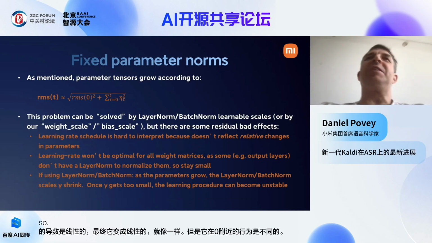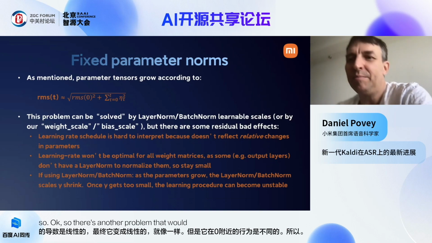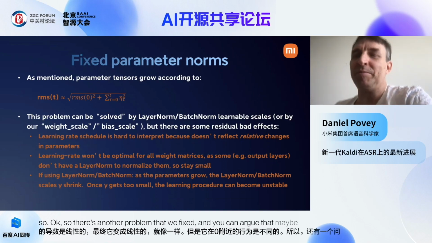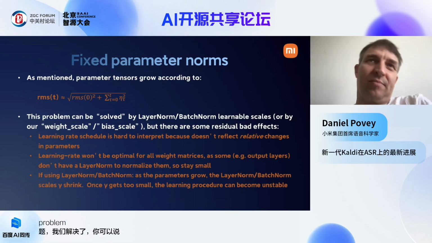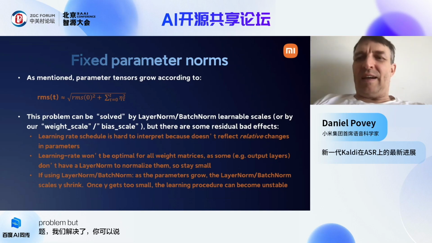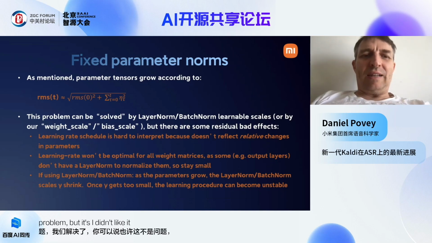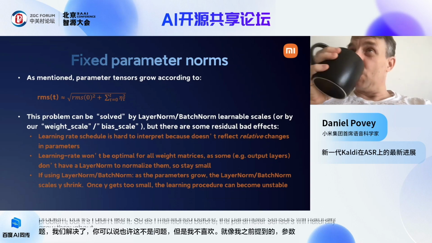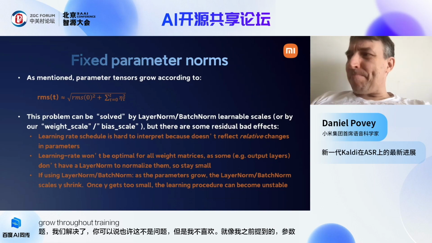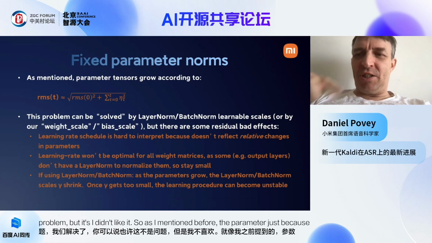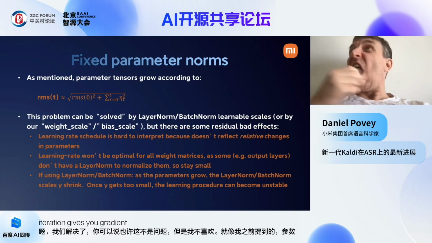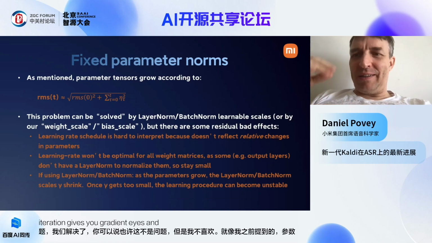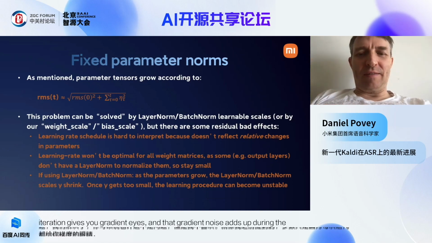So there's another problem that we fixed, and you can argue that maybe this is not a problem, but I didn't like it. As I mentioned before, the parameter tensors will naturally grow throughout training, just because each iteration gives you gradient noise, and that gradient noise adds up during the entire training.